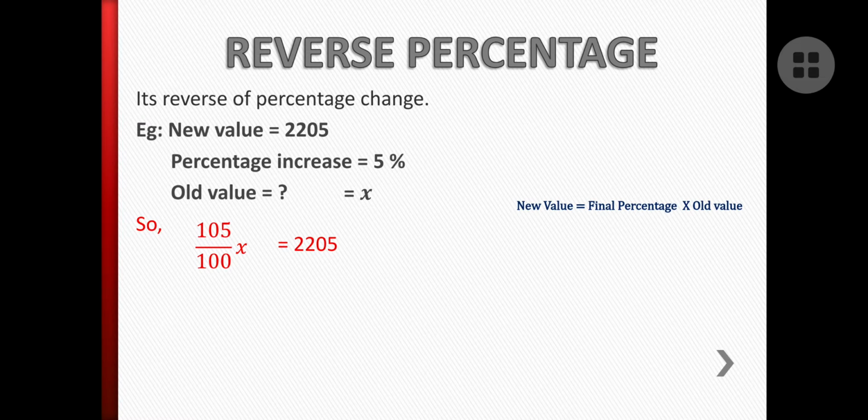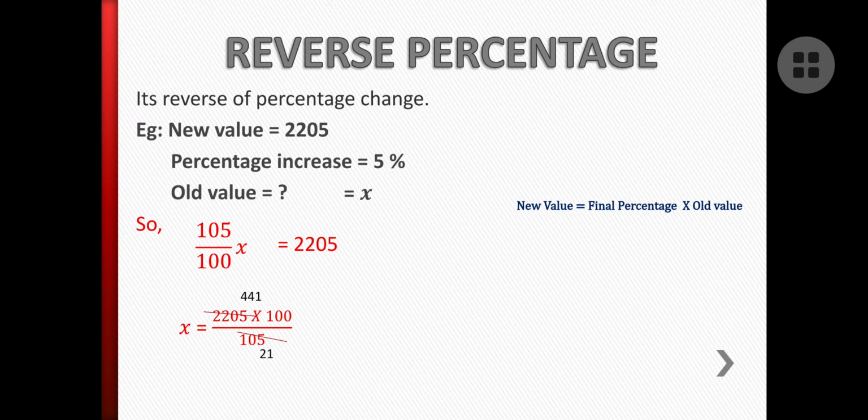From this, what is x equal to? Take 105 by 100 to the other side. It is a multiplication operation, so when you take it to the other side, it will be division, and division of a fraction is multiplying by the reciprocal. So x is equal to 2205 into 100 by 105. Now we will reduce it. First I reduced with 5.